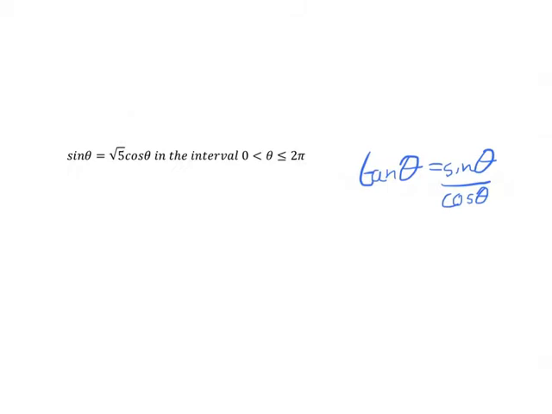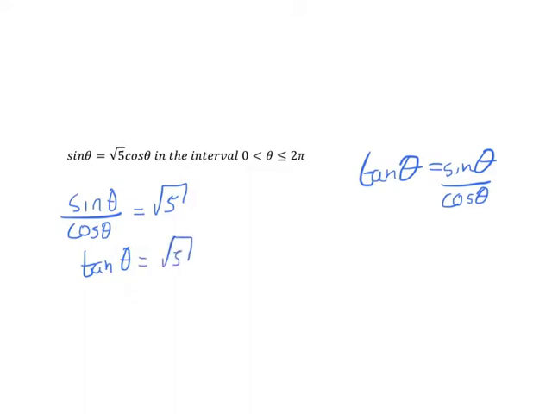So if we divide both sides by cos theta, we're going to have sine theta divided by cos theta is equal to root 5. And we know that sine theta divided by cos theta can be written as tan theta, so tan theta is equal to root 5.